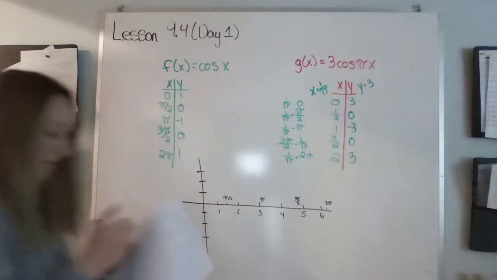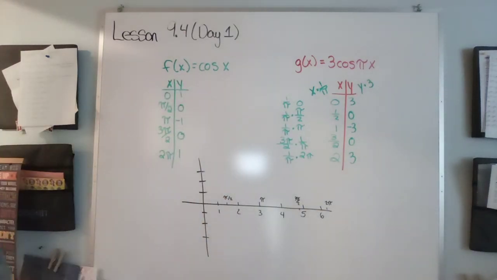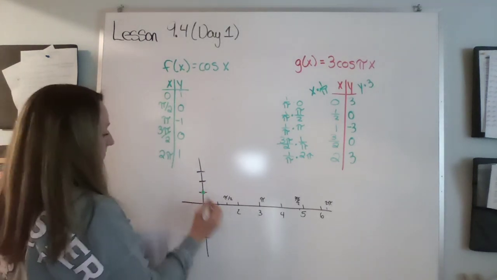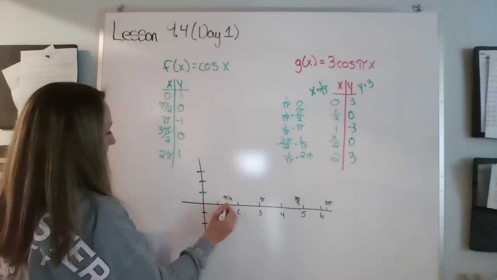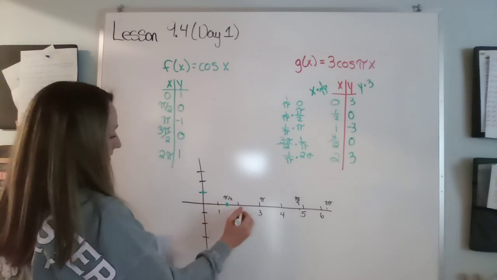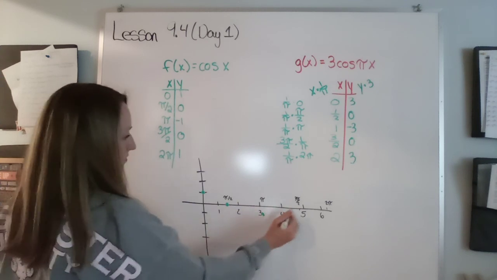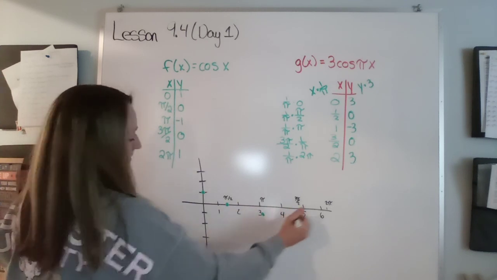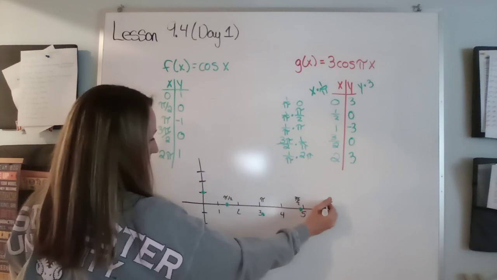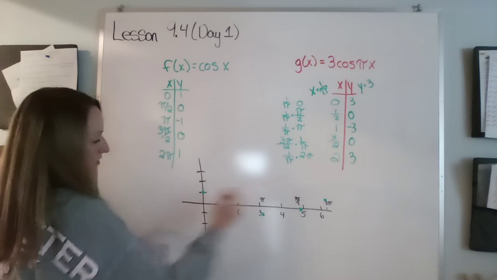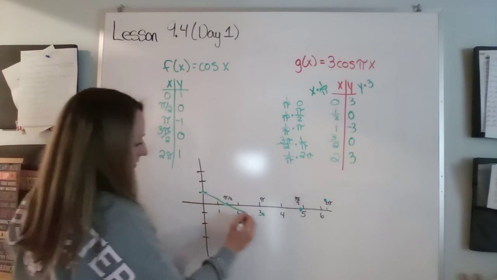Again, you'll have the graph paper that has all those values on it. So for my parent function, 0, 1, pi over 2, 0, pi, negative 1, 3 pi over 2, 0, and then 2 pi, 1. And it's very stretched out because I elongated, but it will go like this.